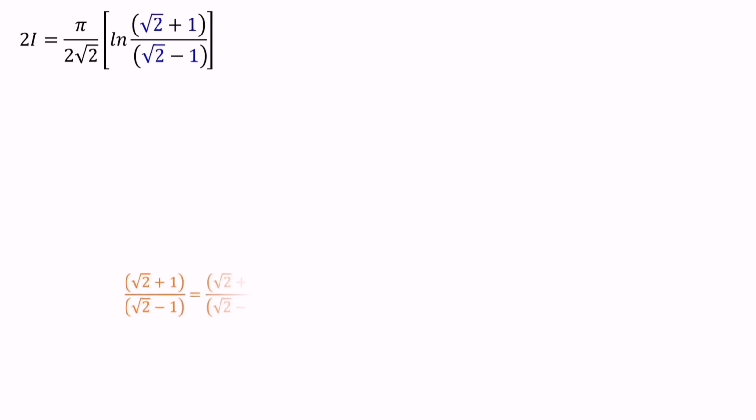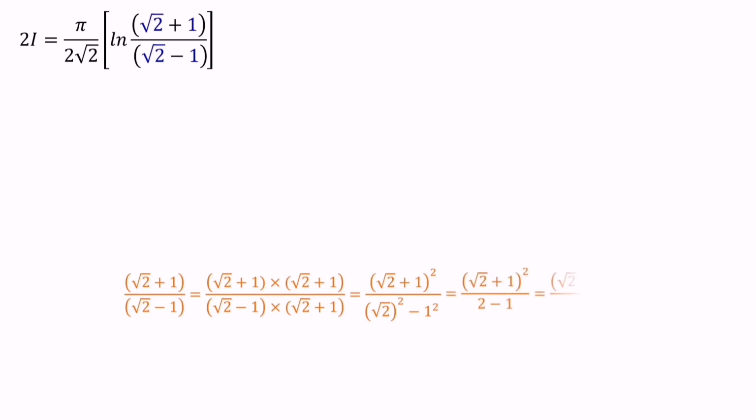Then we get in the numerator root 2 plus 1 perfectly squared. In the denominator root 2 perfectly squared minus 1 squared. Then we get the result root 2 plus 1 perfectly squared. Let's substitute this value for our answer.